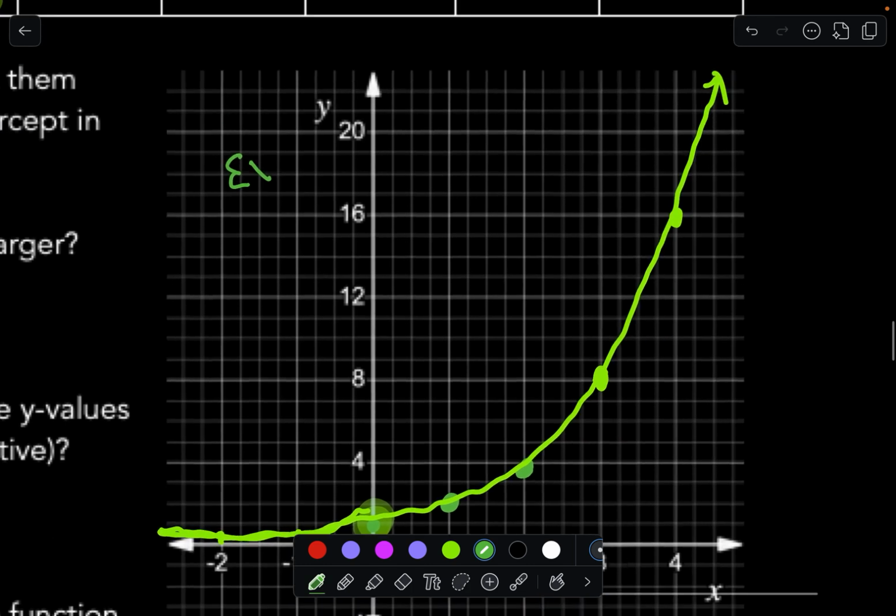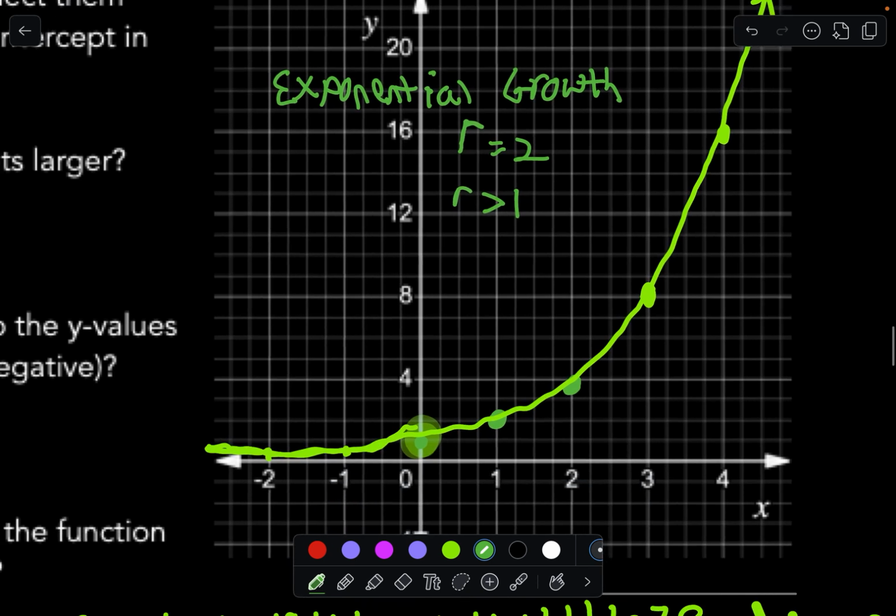So exponential growth: R, which is the base, is equal to 2, which means R is greater than 1. Because 2 is greater than 1, and that's exponential growth.